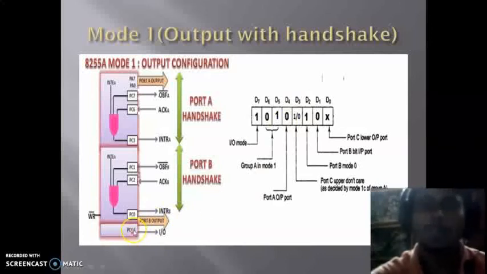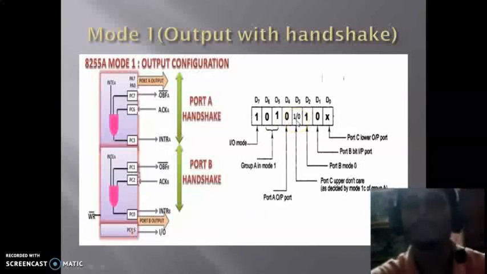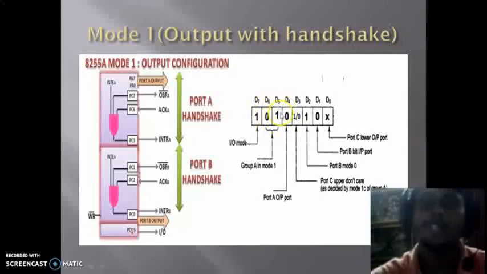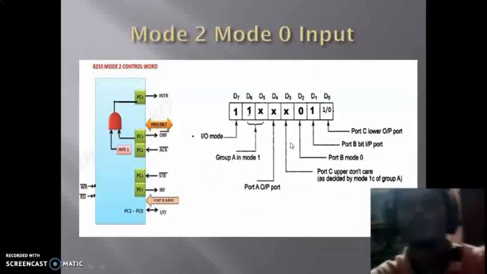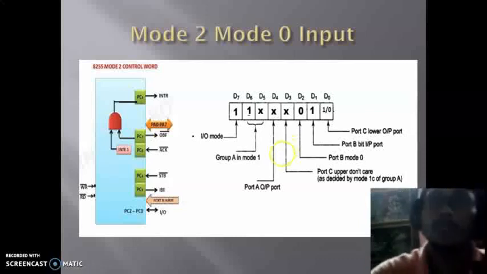Here pins 4 and 5 can be either input or output, so it may be 1 or it may be 0. And D4 is used for port A, which is used as output, so that will be equal to 0. And D6 and D5 will select the mode of group A, which is mode 1, so that will be 0 1. And 1 we will write to the D7 because this is the input output mode. So next we'll discuss mode 2 of mode 0 input.